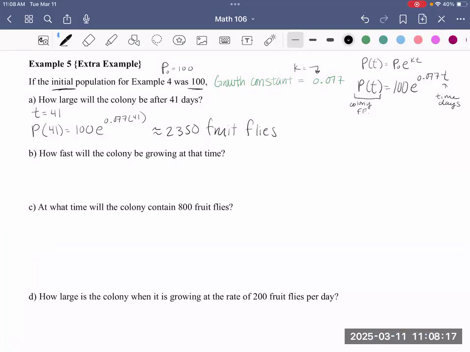Now let's figure out how fast will the colony be growing at that time. When it says at that time, we're referring to the time from above of 41 days. So if we're saying how fast, right, that is just saying look for a rate or your derivative.